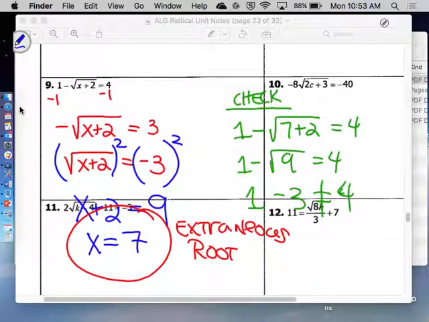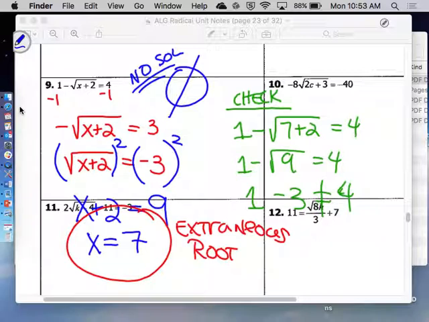And I would say that this equation has no solution. This equation has no solution. So I'm going to leave this on the screen for a minute, and then I'm going to go back and show you a way to arrive at that conclusion a little bit faster. But I wanted to show you what it looks like to check an answer that makes the original equation false. So let me erase all of this.